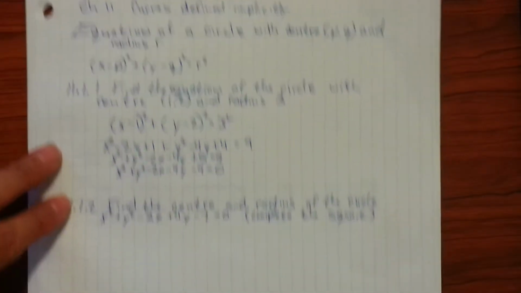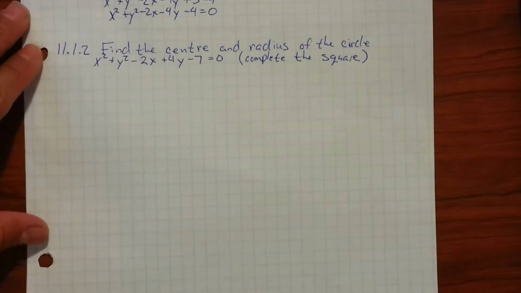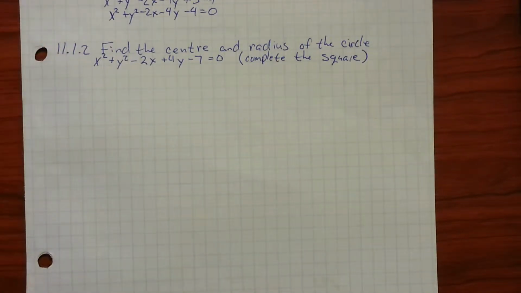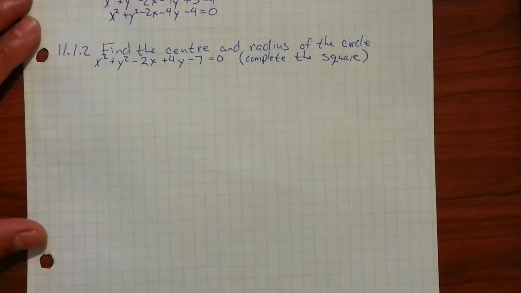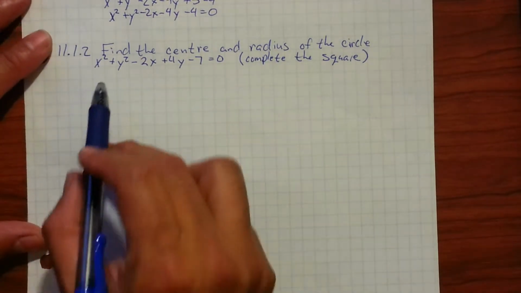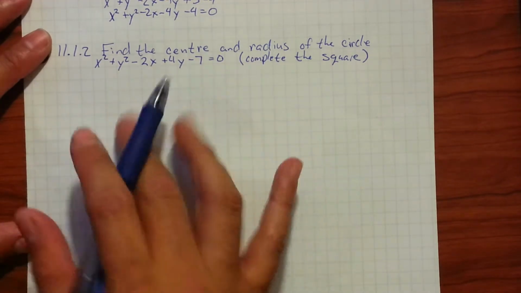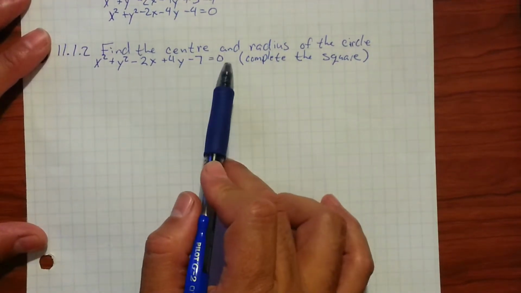Now on this next problem, we have: find the centroid and radius of the circle given this equation. To solve this, we're going to complete the square. So I'm going to separate my x values and my y values, and move my constants over to this side.